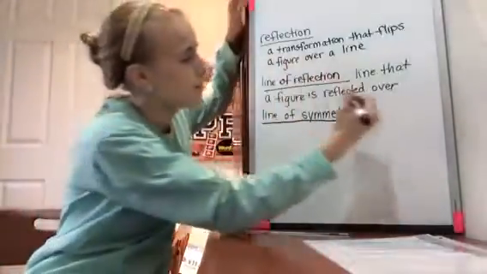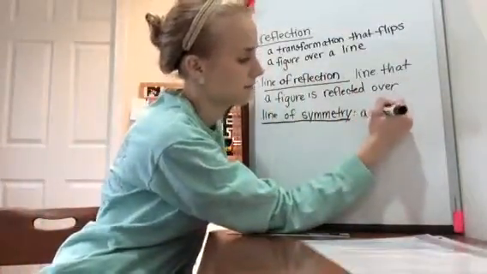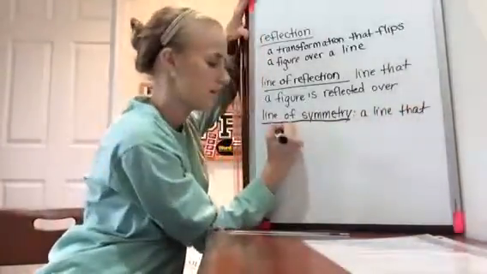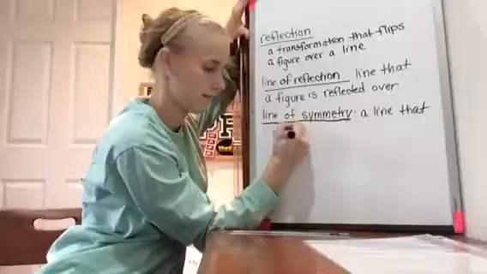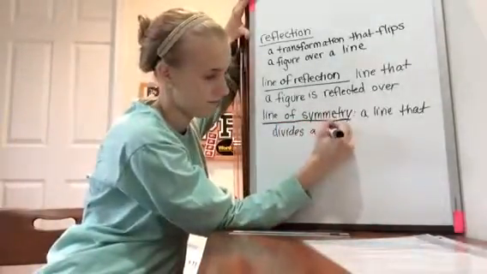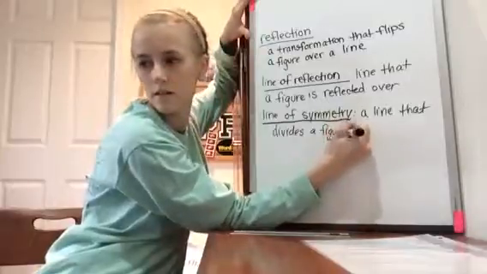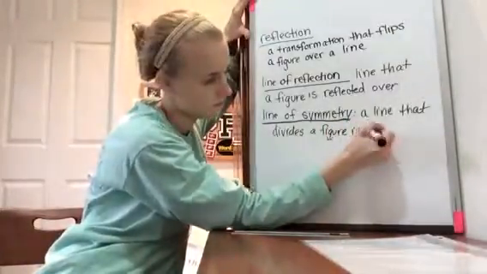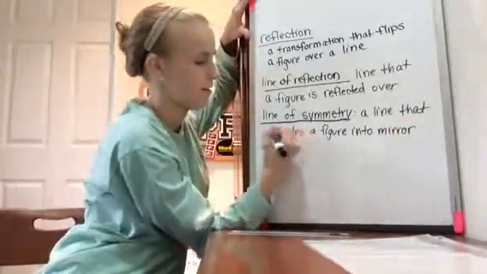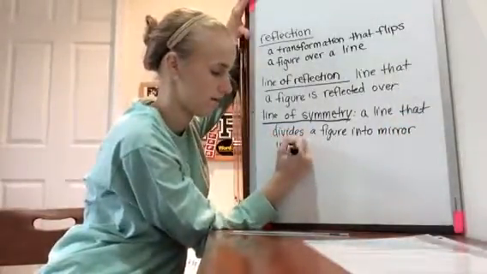So a line of symmetry is a line that divides a figure into mirror images. Okay.